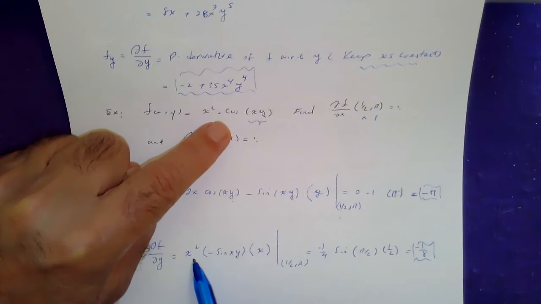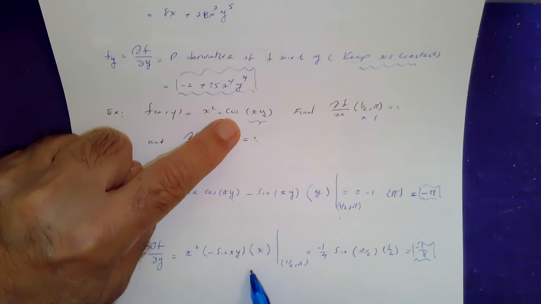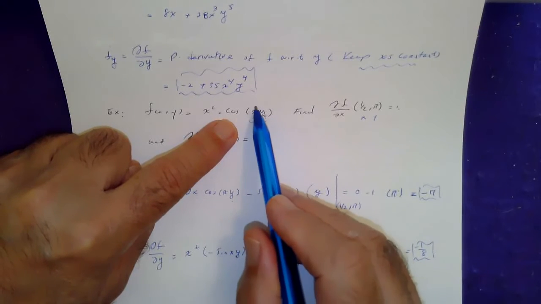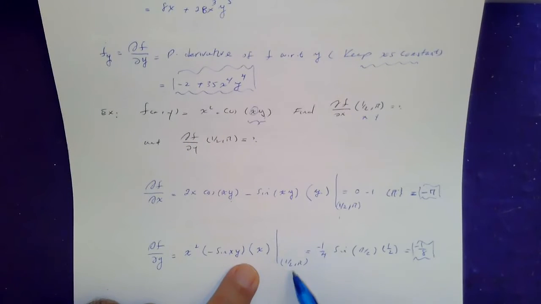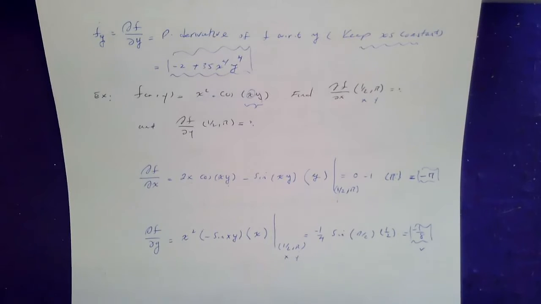So x squared goes along. The partial derivative of cosine is minus sine x y, correct? Times the partial derivative of x y with respect to y. So x acts like a coefficient and goes along. Evaluating this at 1/2 comma pi, that's your x, that's your y, you get negative 1/8.